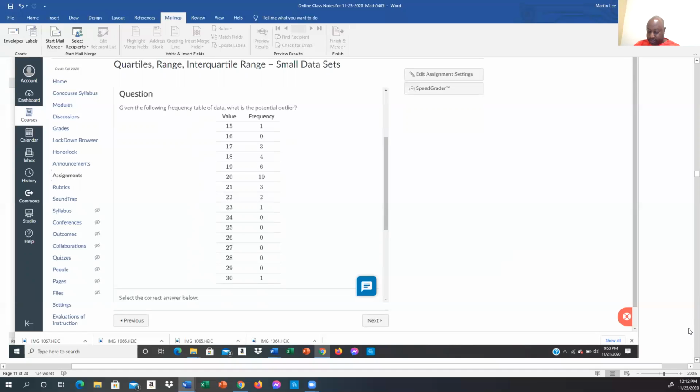This is interesting. N divided by 2, and then round up. Six plus 10.